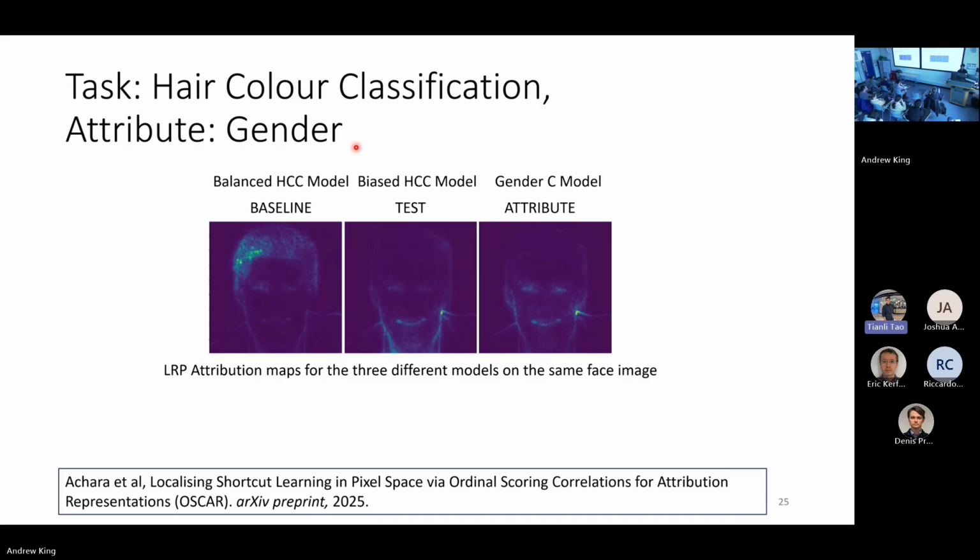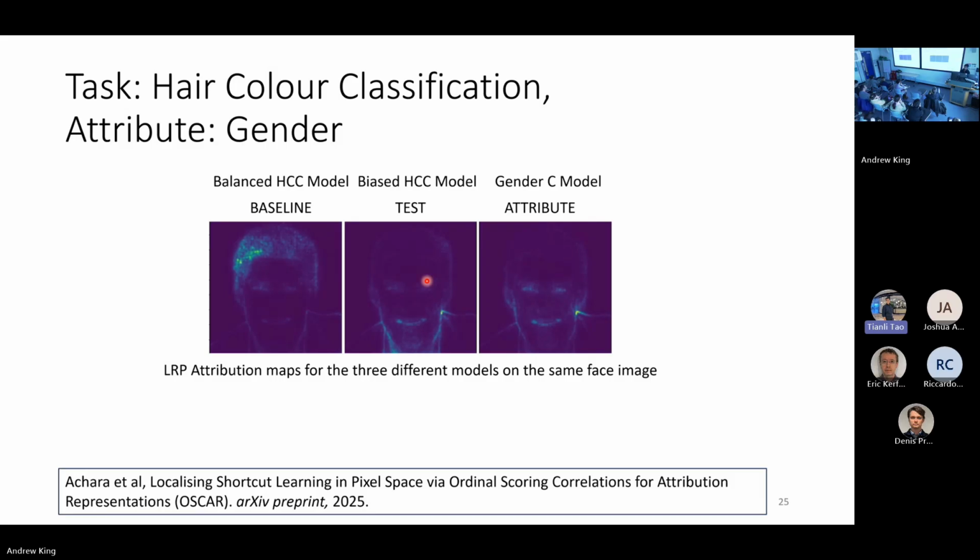So here's an example of how the attribution maps from LRP look. The baseline model is looking at the hair region, whereas the test model, which we have biased by the attribute gender, looks elsewhere. In the dataset for the biased test model, we put the majority of one gender on a specific hair color like blonde and the majority of the other gender on black hair color.